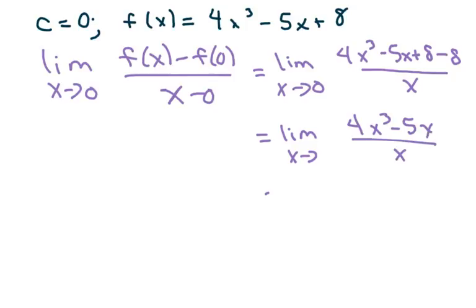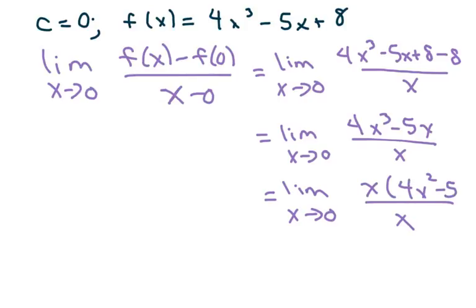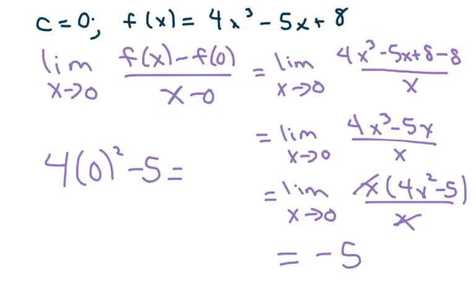I'm going to factor out an x here to get rid of the denominator. So I get 4x squared minus 5. These cancel. When you plug in the 0, you'll get negative 5. 4 times 0 squared minus 5 equals negative 5. So our limit is negative 5.